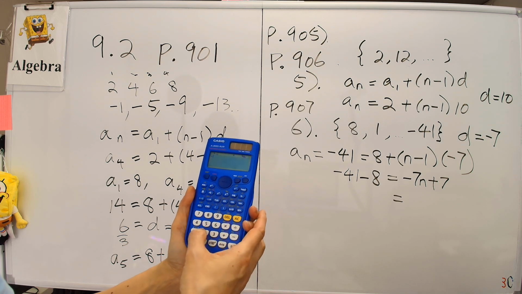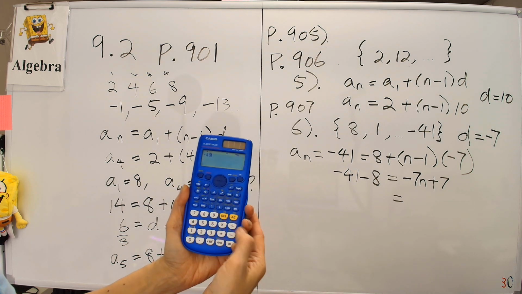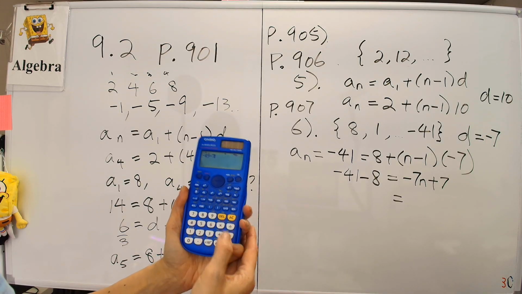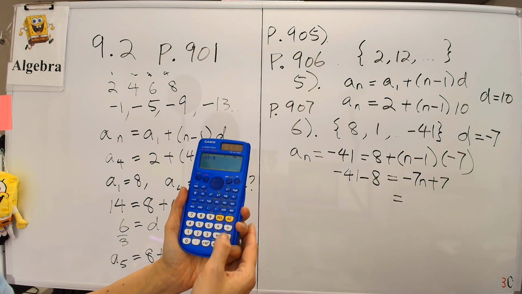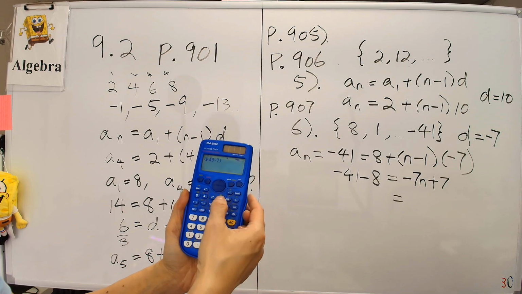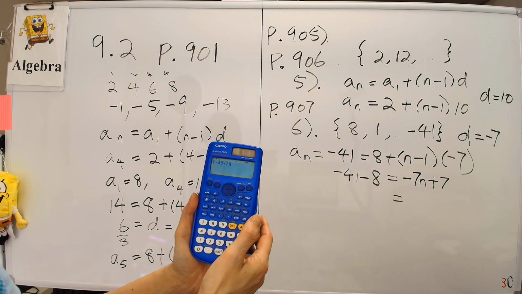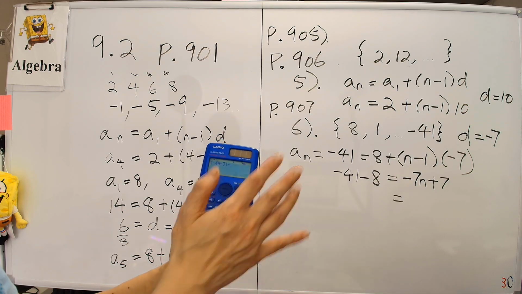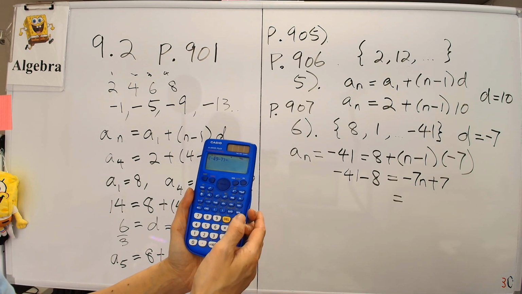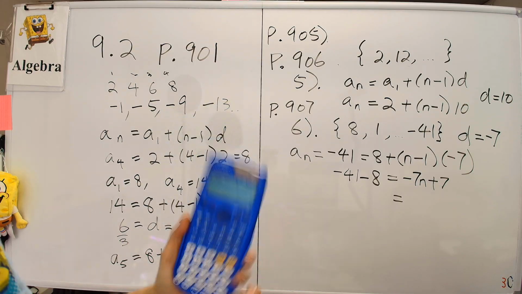That's minus 49, and then minus 7. Move the 7 over, and I forgot to do the parentheses, so I put the parentheses in. Very important, because we have to do a division. Divided by, since all the numbers moved over, we divide by negative 7. All right, so that's just 8.